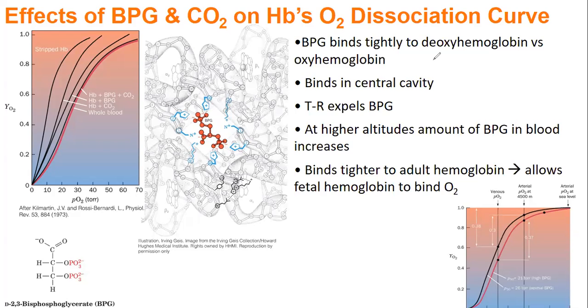And we talked about all the different things BPG can affect. It can affect how you deliver oxygen at different altitudes. And it also helps affect how fetal hemoglobin can outcompete adult hemoglobin, so the fetus can get oxygen from its mother's blood supply.